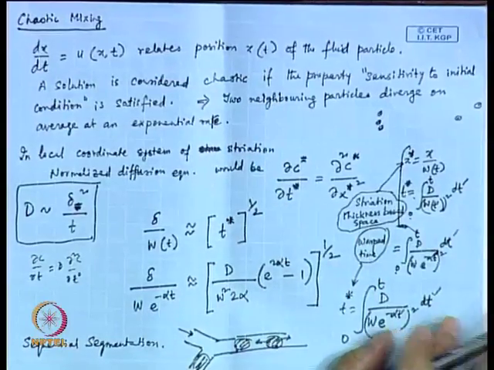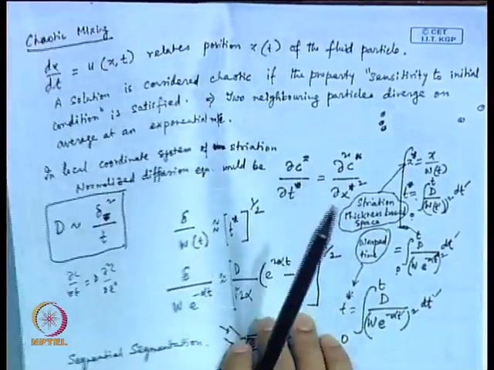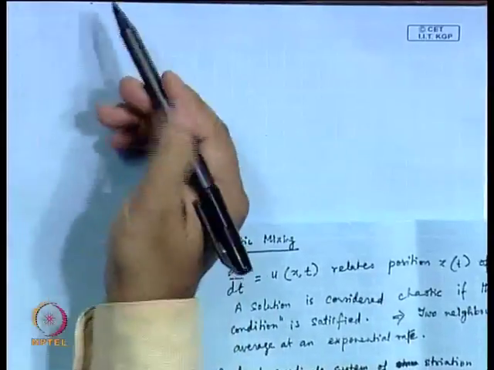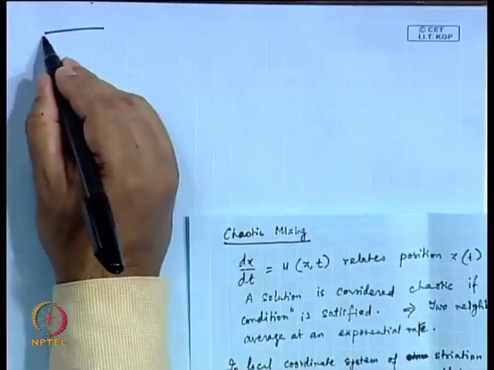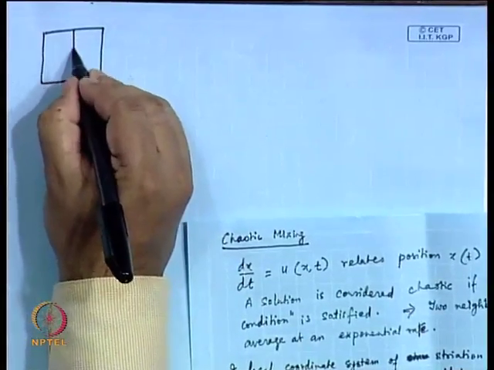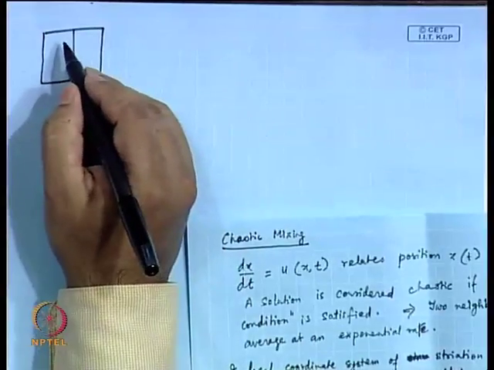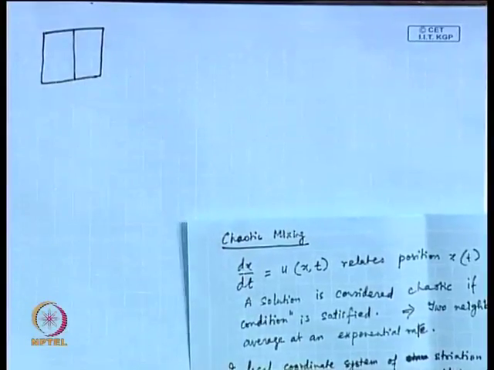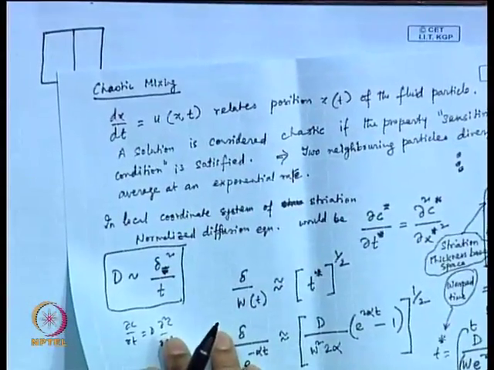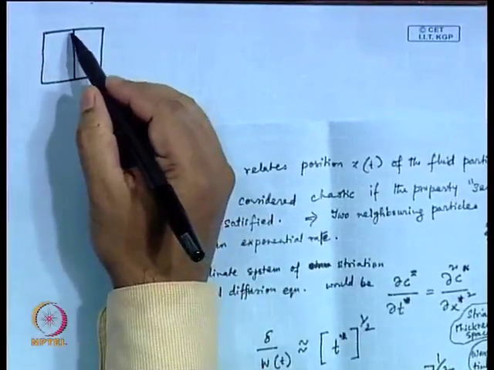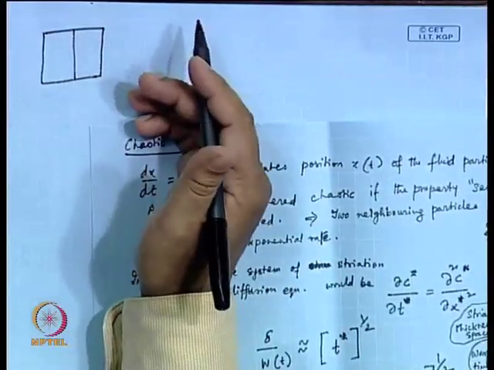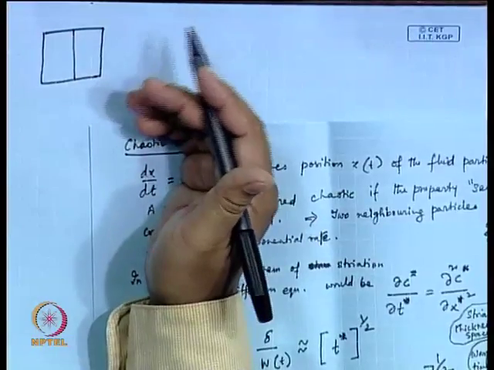What we did basically in this local coordinate system is that we picked up a certain striation thickness, and then we tried to find out how much the diffusion would penetrate inside the striation thickness. Now, this striation thickness W is undergoing change, right.